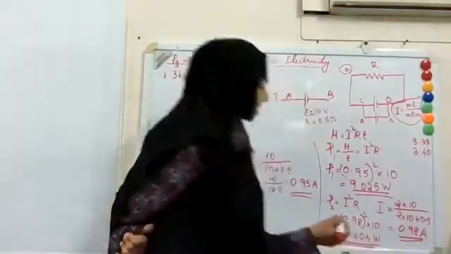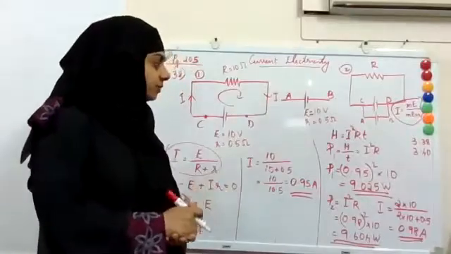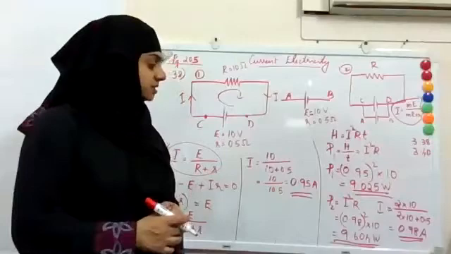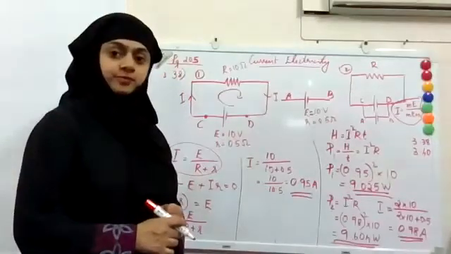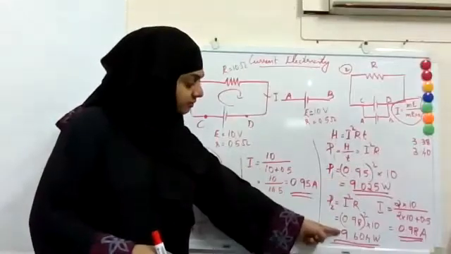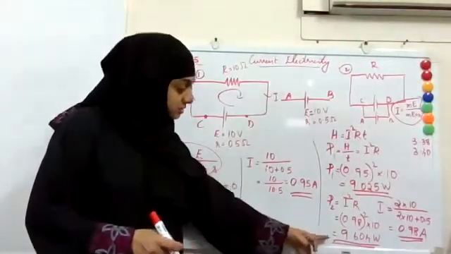So in which case, case 1 or case 2, is the power, the rate of energy dissipated, more? Which is more? First case or second? The second case. Second case it is more.